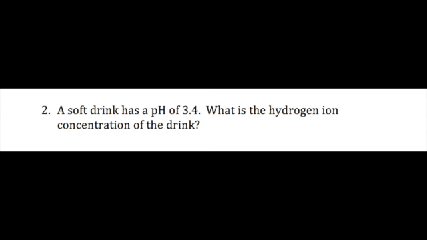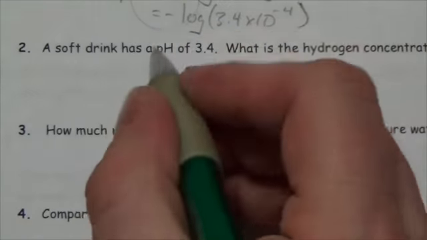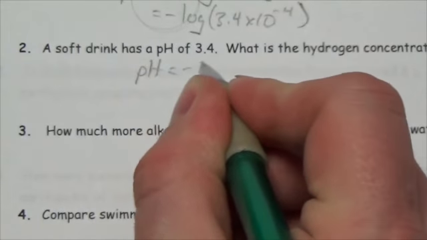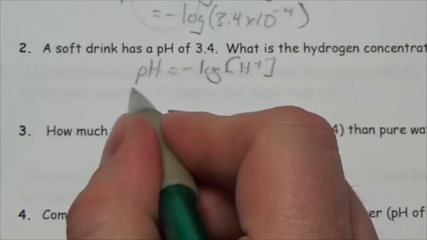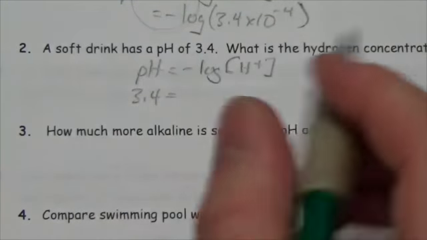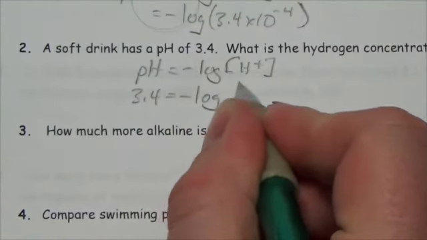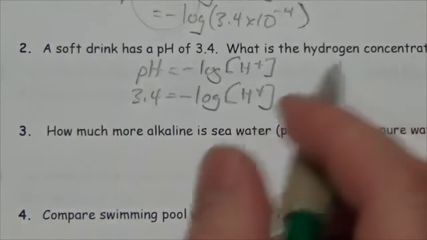A soft drink has a pH of 3.4. What is the hydrogen ion concentration of that drink? All right, in this case, we're just being asked to go backwards. So the pH is equal to the negative log of the hydrogen ion concentration. In this case, we know that the pH is 3.4. So it's negative log of the hydrogen ion concentration.